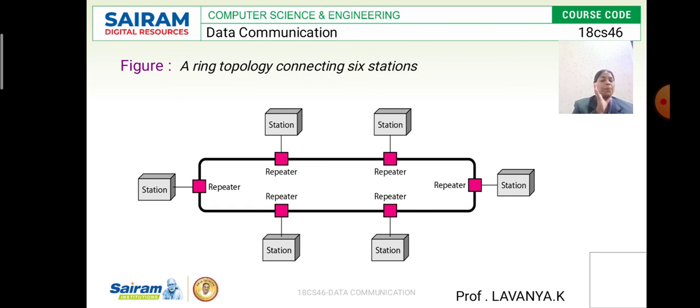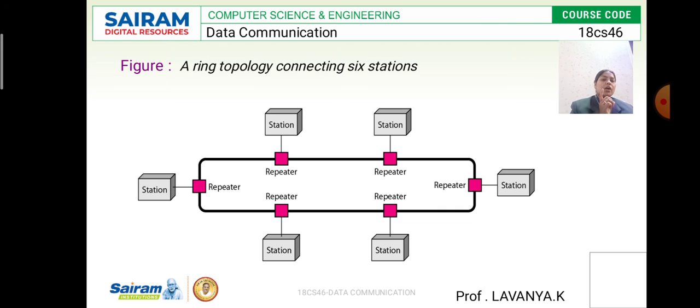This is the major thing that happens in the ring topology. And here the repeater is very helpful for sending data from one device to another, helping do the transactions from one end to another. So this is the ring topology.